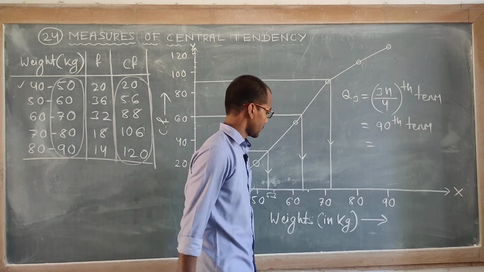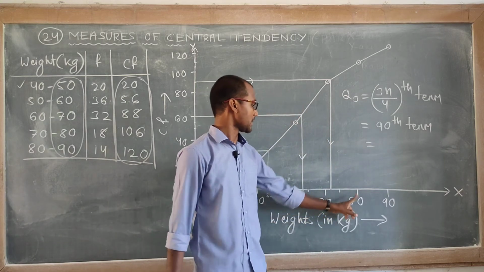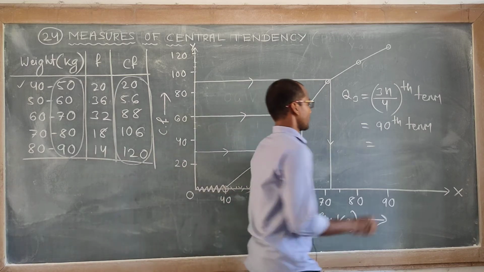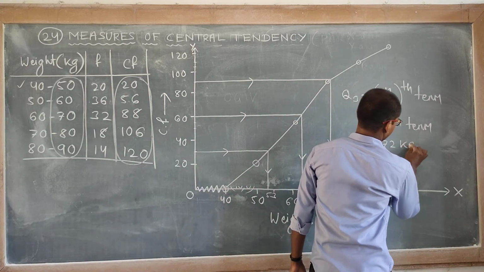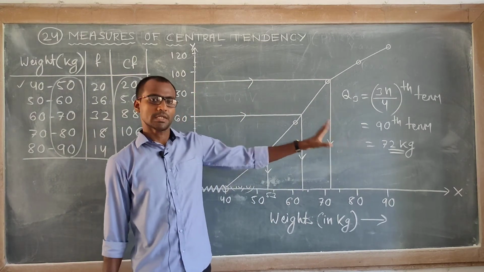So we are getting this is 70, 80, this is 75, so I feel this is 72. So the upper quartile is 72 kg.